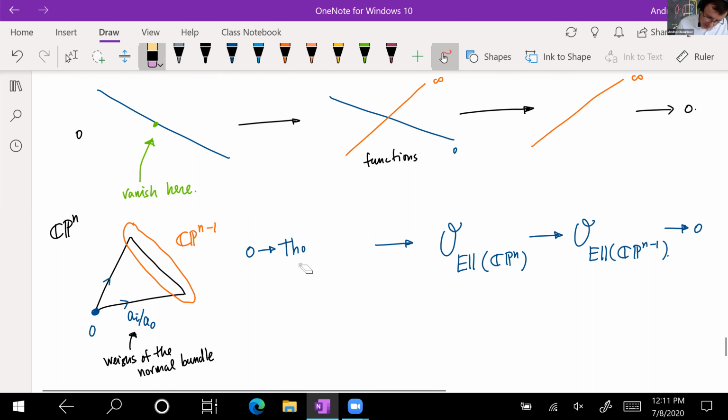This is particular for representations: a_1 over a_0, and so forth, a_n over a_0.